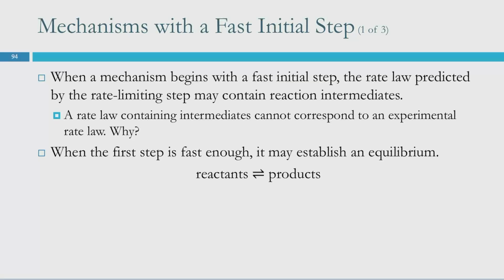So when a mechanism begins with a fast initial step, our rate law for the rate limiting step may contain reaction intermediates. And a rate law that contains intermediates can't correspond to an experimental rate law. Any ideas why that is?